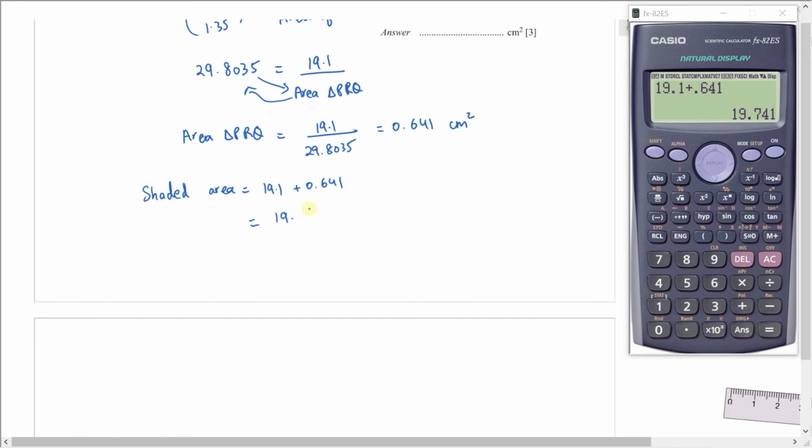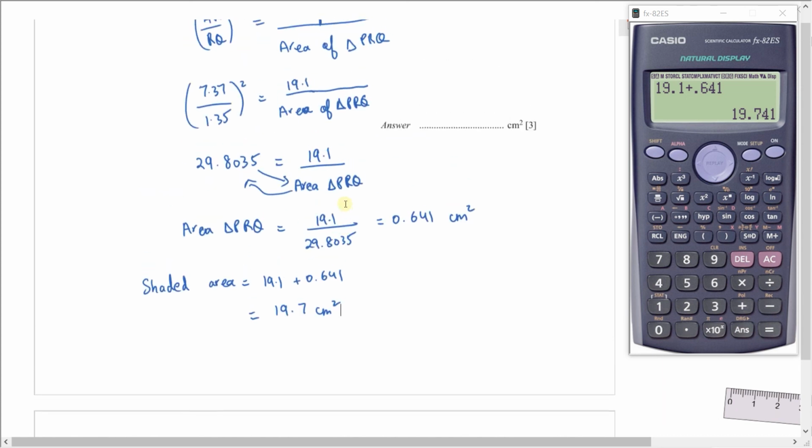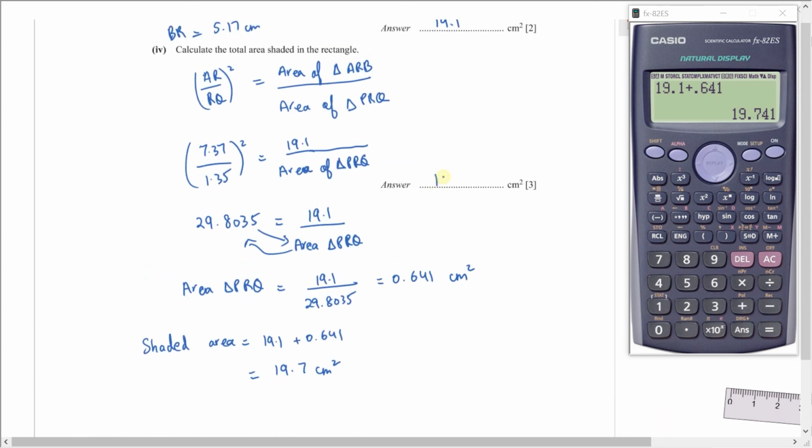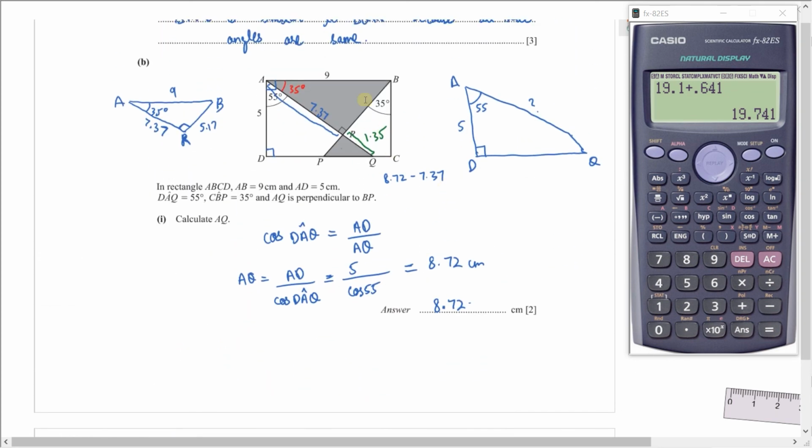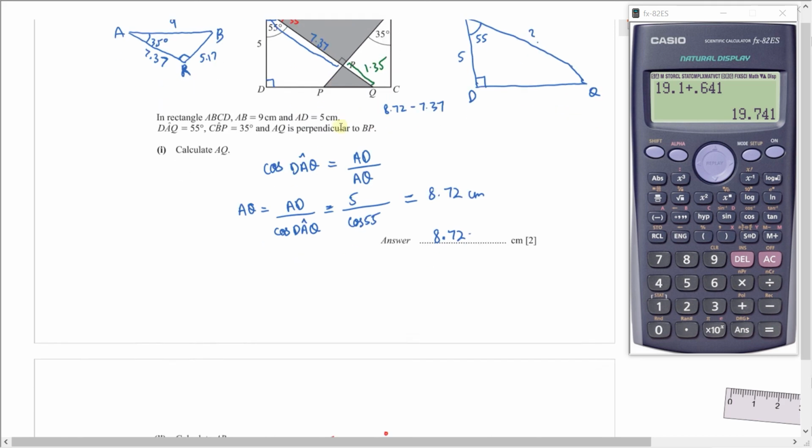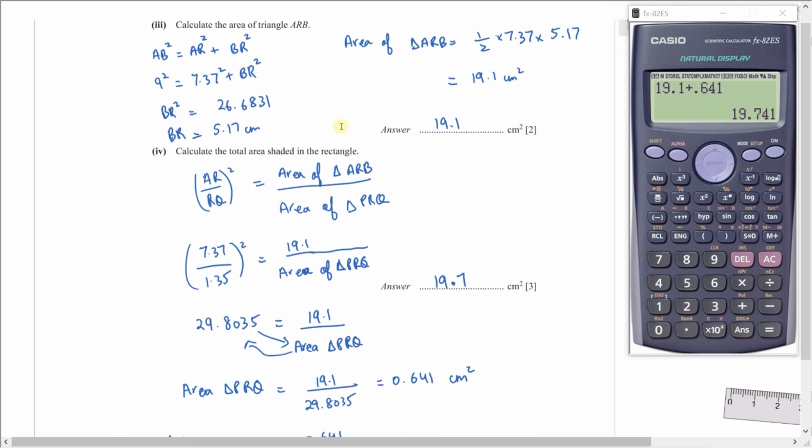Up till three significant figures, this will be 19.7 centimeter square. So this is the total area of this shaded region in this rectangle, which is made up of these two triangles. So this was the last question of this paper.